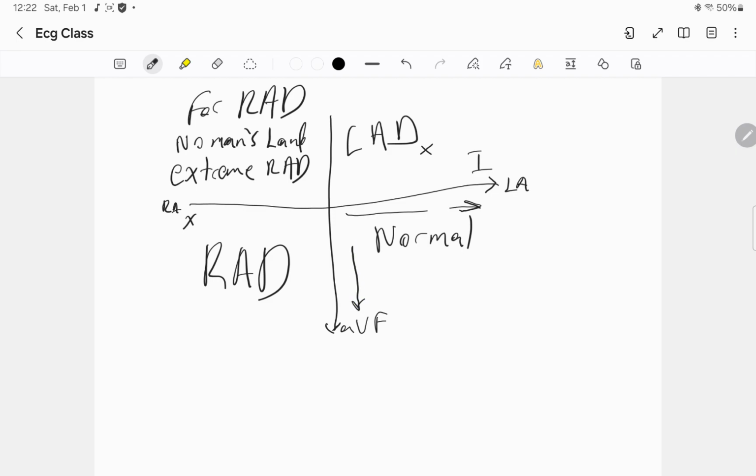And in lead 1, the positive electrode will record an upright wave if the electrical impulse is coming towards it, which means going towards the left. And in AVF, the positive electrode will record a positive waveform if the electrical impulse is coming towards it, meaning going down to the foot.